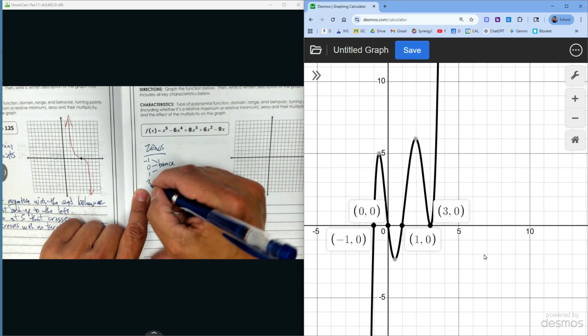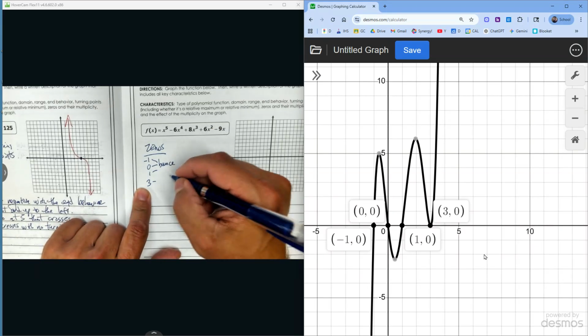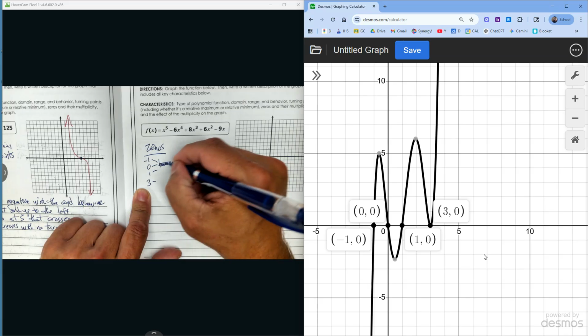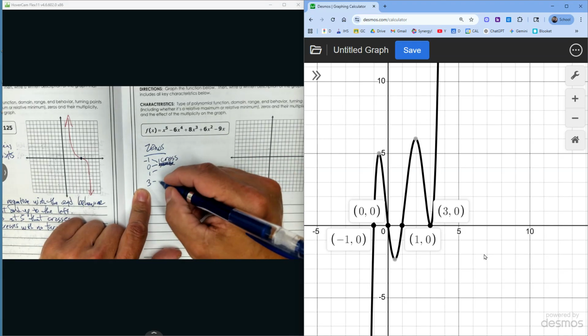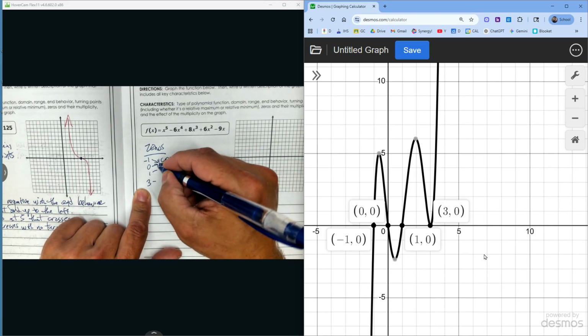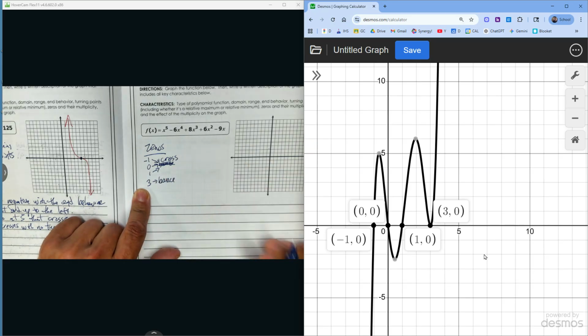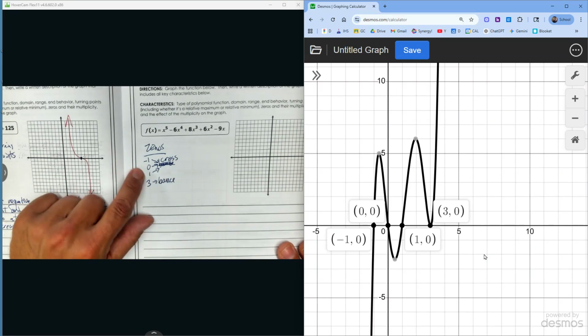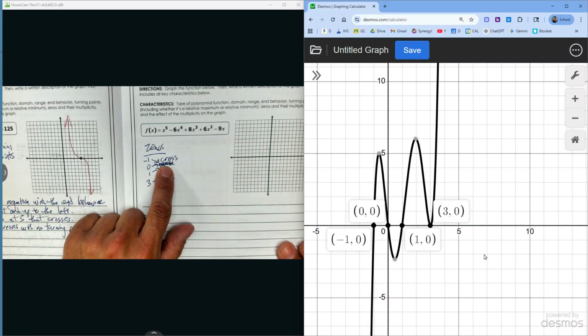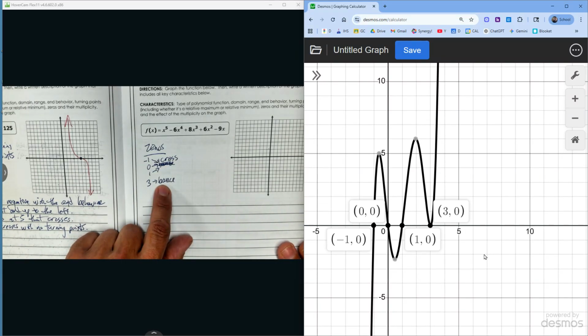The only one that bounces is 3. So at negative 1, 0, and 1, they cross at each one. And then at 3, it bounces.